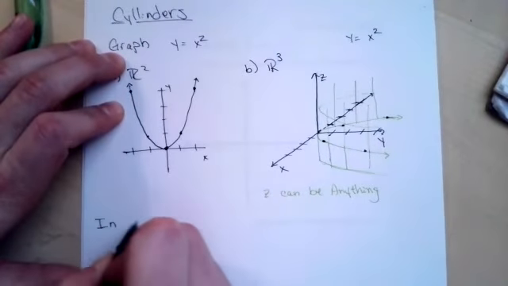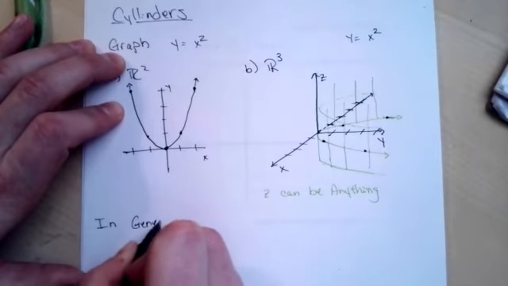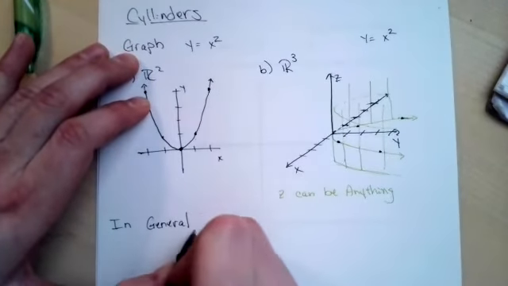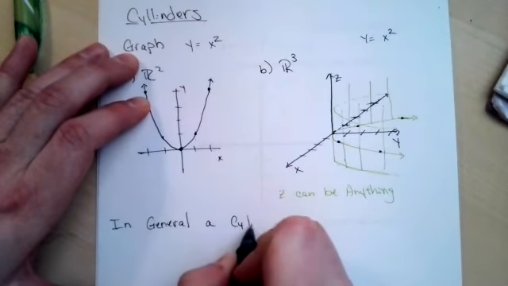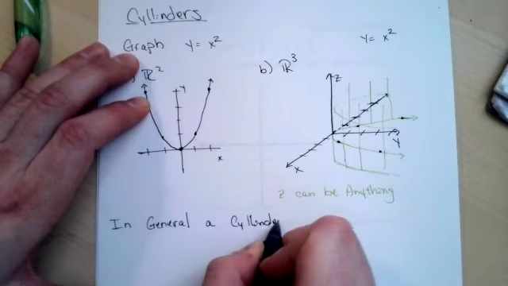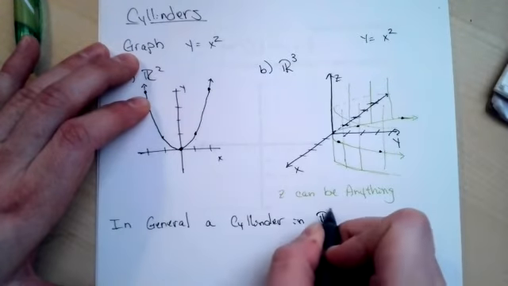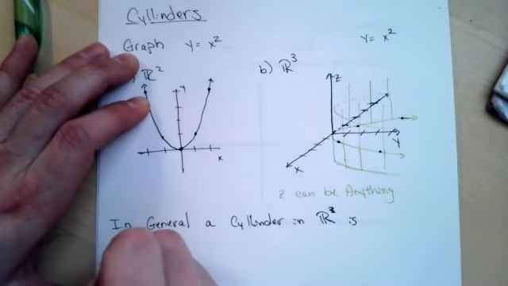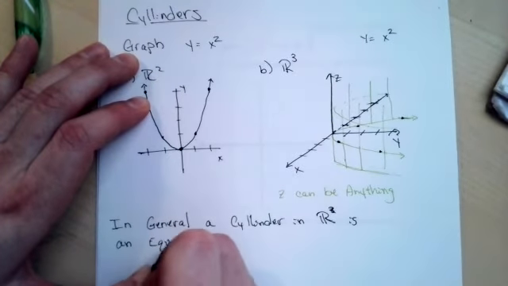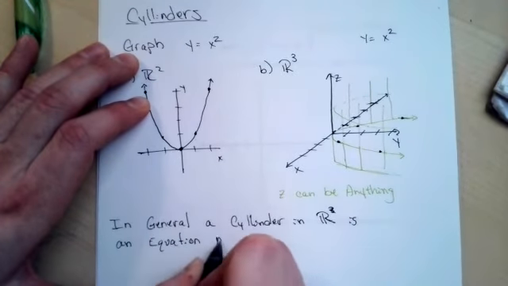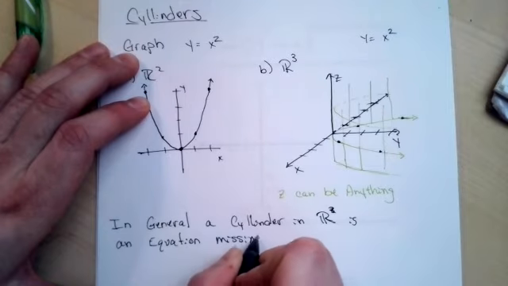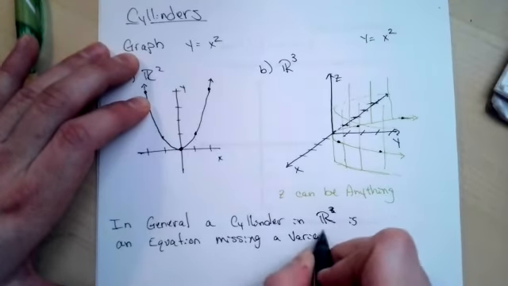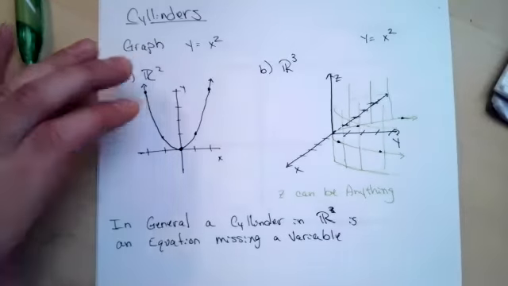In general, a cylinder in R3 is an equation missing a variable, or one of the variables doesn't appear.